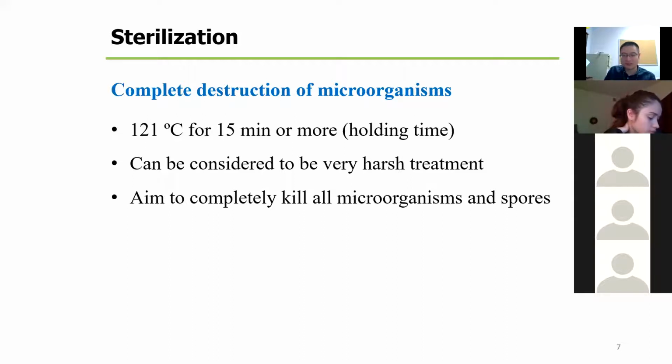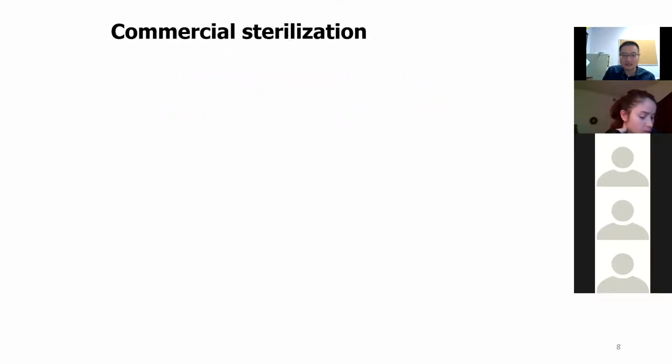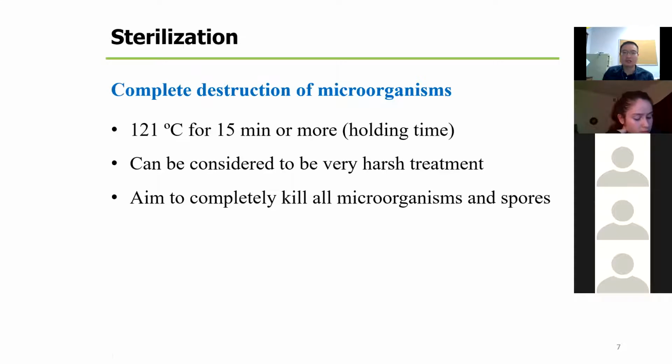I don't remember the exact number, but that's the time it takes to bring the temperature from room temperature, 22 degrees C, to 121 degrees C, which is the target sterilization temperature. And then we hold it for about 15 minutes. Normally, we hold it for 15 minutes, but in our case, we did 23 minutes.